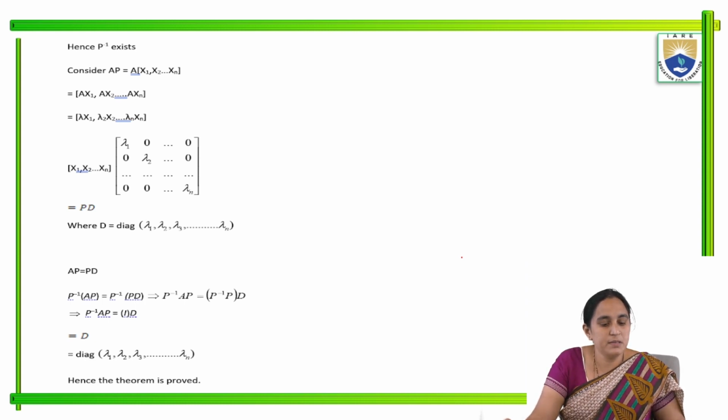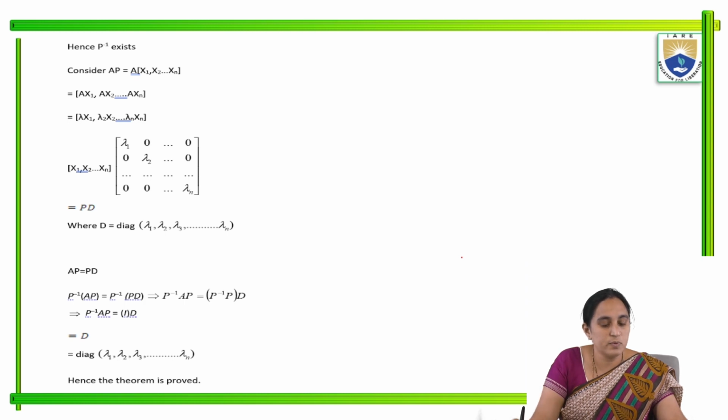Consider AP is equal to A into x1, x2 and so on xn. That is AX1, AX2 and so on up to AXn. Here, using the corresponding eigenvalues, we write it as lambda 1 into x1, lambda 2 into x2 and so on, lambda n into xn.